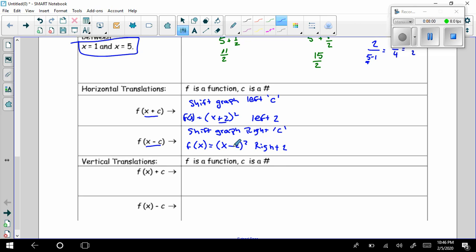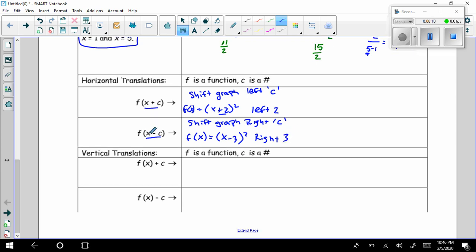So this would be right 2. Actually, we can even use a different number so we don't get hung up on the fact that it has to be 2. And so those are grouped inside of your parentheses. They're always grouped with an x value in some way.